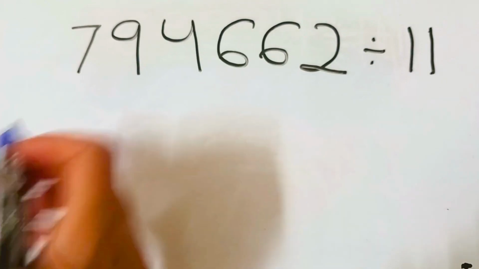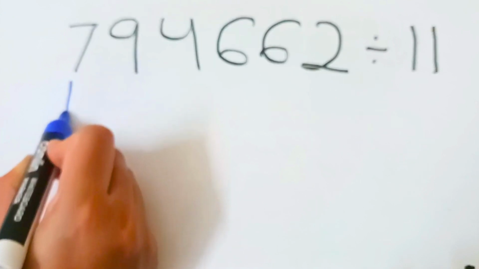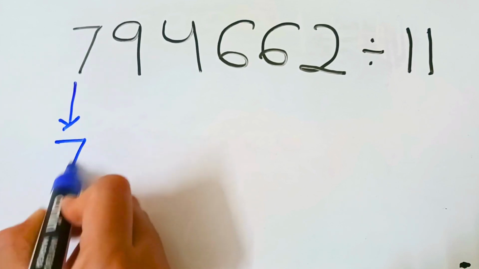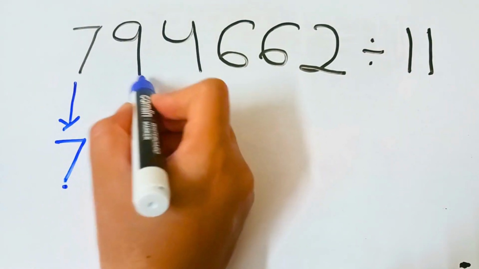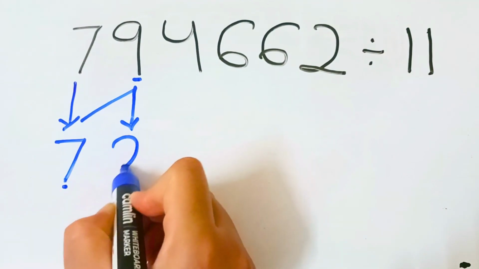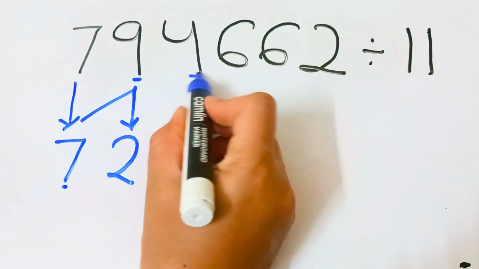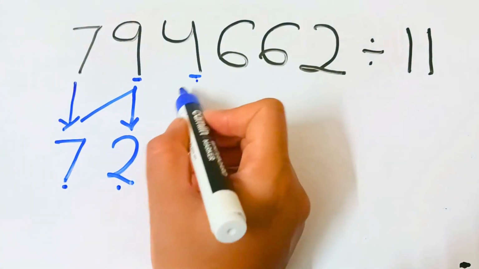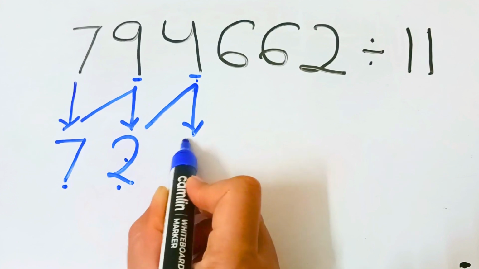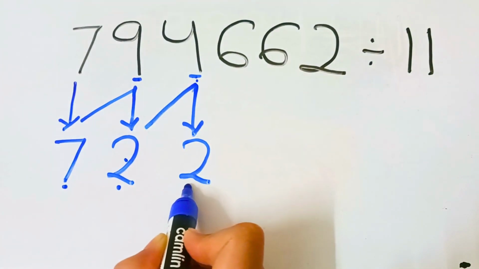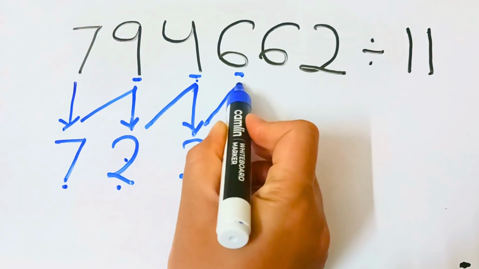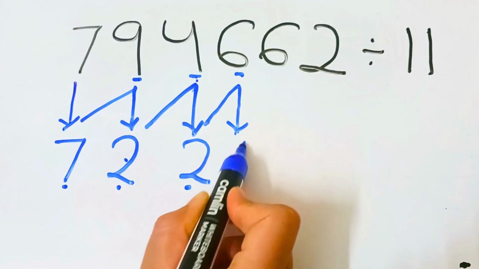What you'll do, write the first digit 7 as it is. Now you have to subtract this number from the next digit, that is 9 minus 7 is 2. So write 2 here. Then subtract this from the next number, 4 minus 2 is 2. Then subtract this number from the next digit, that is 6. 6 minus 2 is 4.